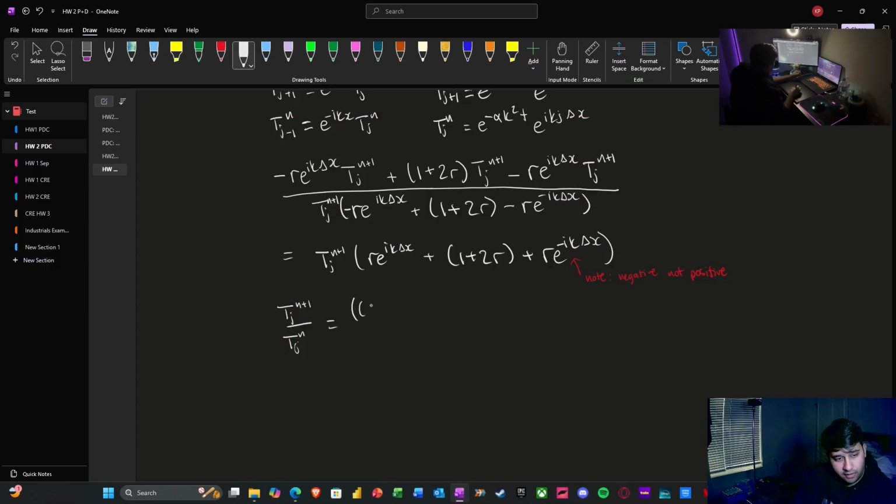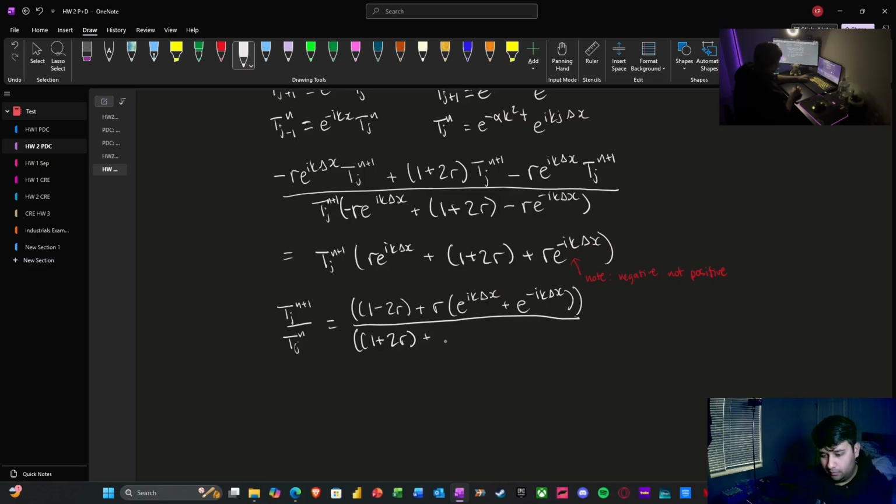And what we find is r1 minus 2r plus r times e^(ikΔx) plus e^(-ikΔx), over 1 plus 2r minus r times e^(ikΔx) plus e^(-ikΔx).